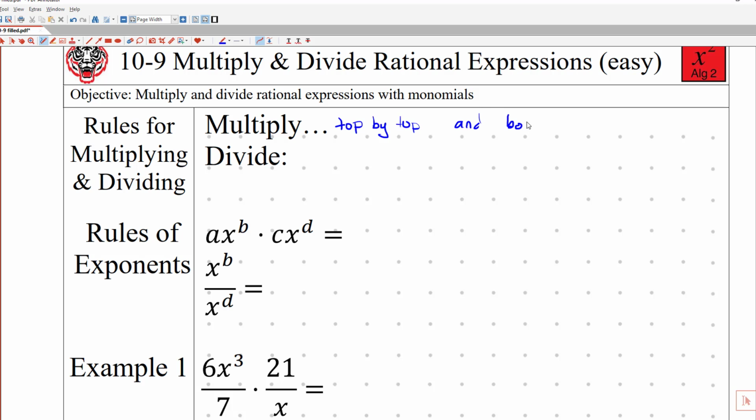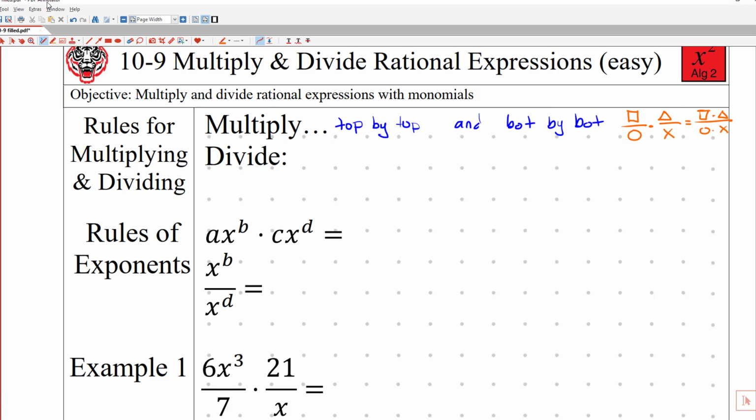Visually, if I have these two fractions multiplied, I'm just doing shapes. If you were to multiply these, you just squish them together. You say the top is square times triangle, all divided by circle times the X. You just multiply straight through.